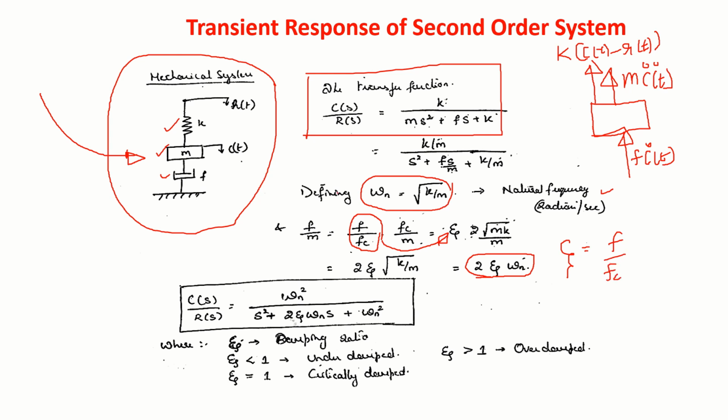What is critical damping? Suppose I go on increasing the damping value of this, if I disturb it, at a particular value of damping, it will just stop oscillating. If the damping value is less than that critical value, it will definitely oscillate.